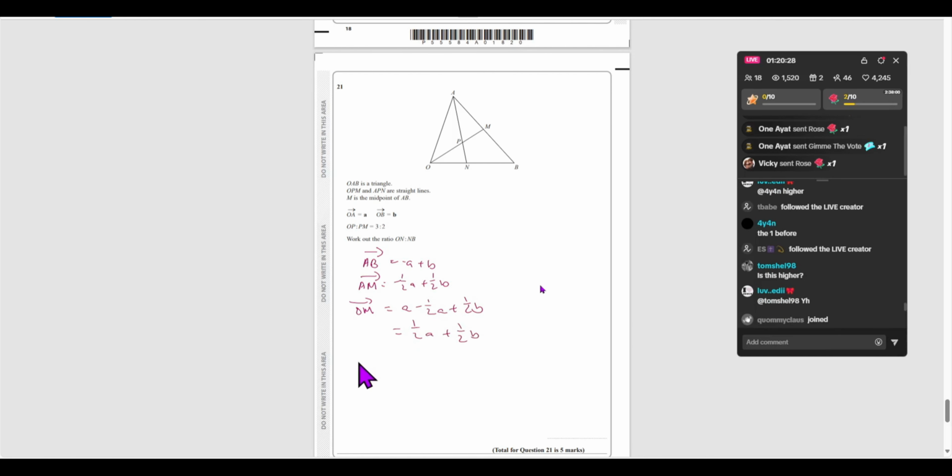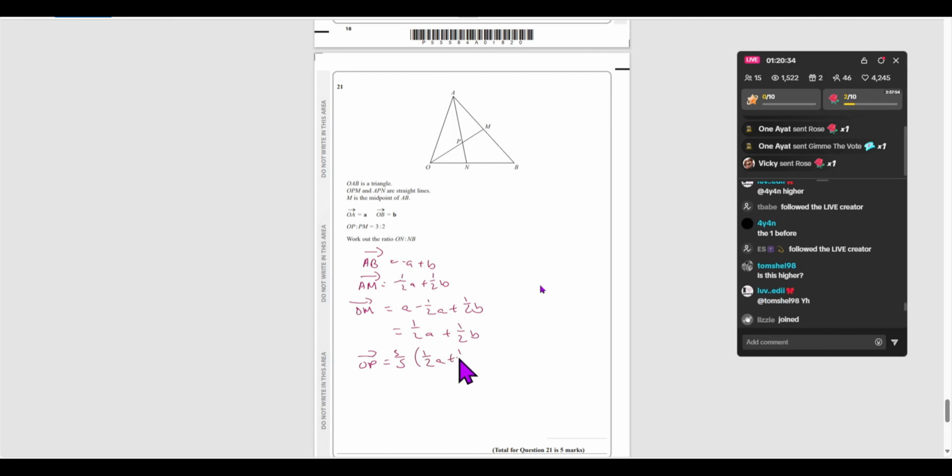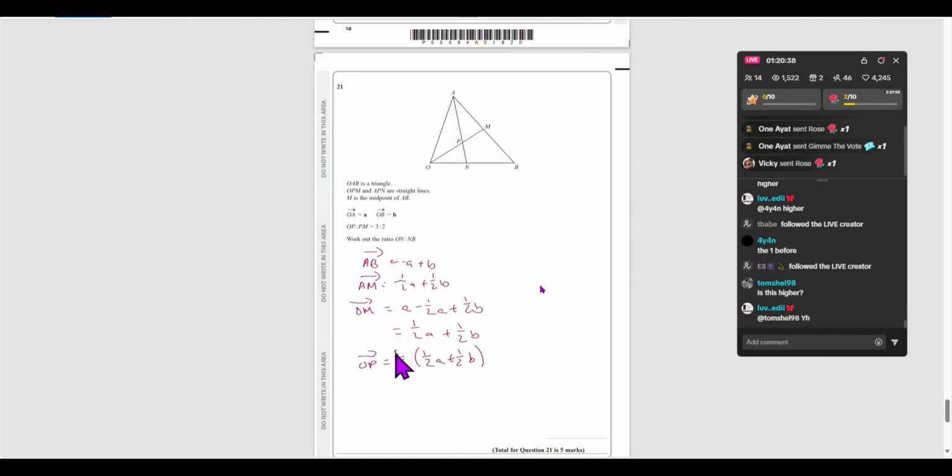And then to find OP, you do 3/5 of half a plus half b, as you're doing the scale factor of the vector. And then you get 3/10 a plus 3/10 b.